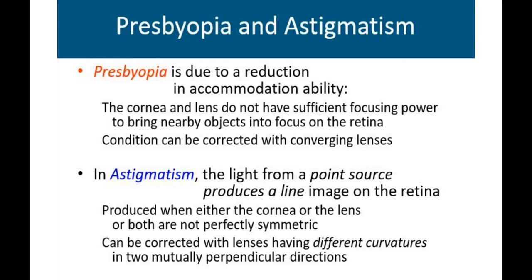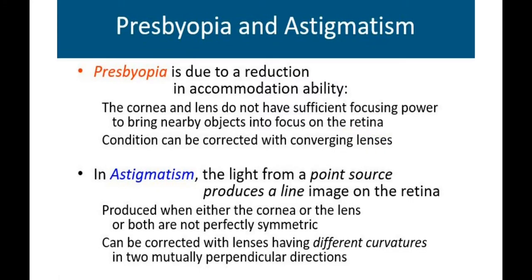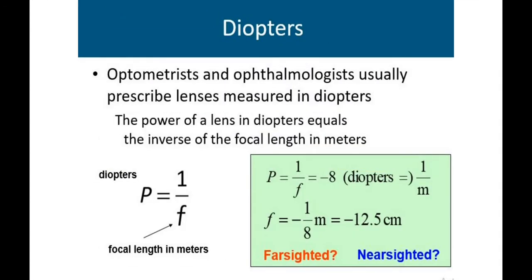Okay, presbyopia is for all the people. It can be corrected with convergent lenses, which people normally call goggles or glasses for reading. What else do we have to remember?